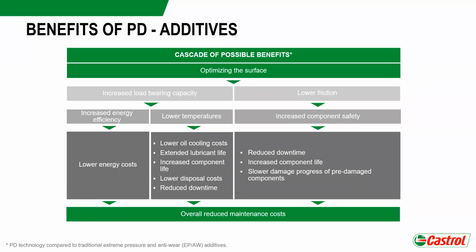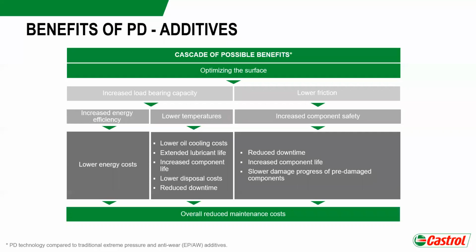Because you have an increased component safety, it reduces your downtime, increases the component life, and slows down the damage progression of pre-damaged components. Just imagine a gear flank which has pittings on it. Because it has pittings, there are parts of the surface missing, and less surface is available to get in contact with each other.